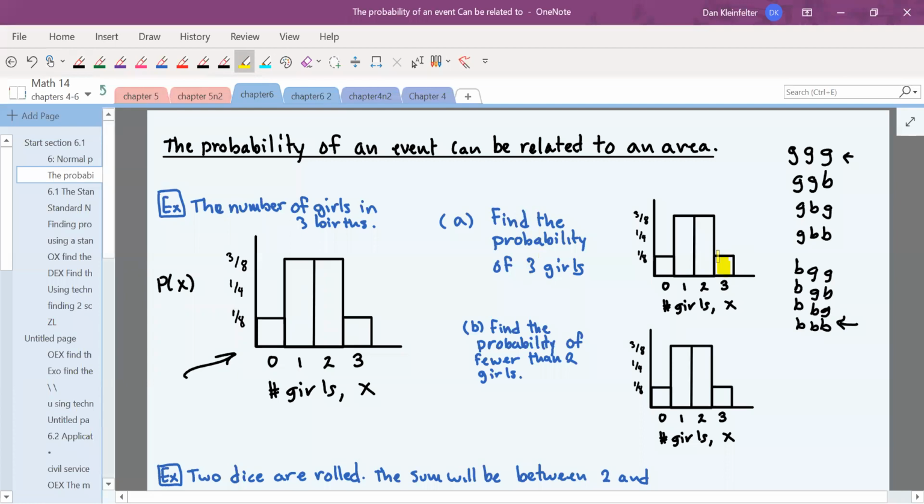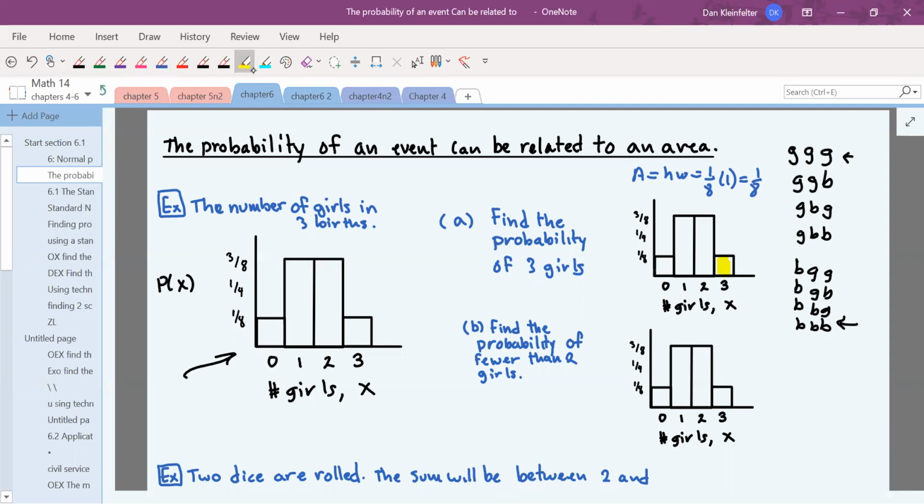And if you think about it, if we draw this histogram, I'm making it so that the bar there has a width of 1, and the height of the bar is 1/8. And as you know, the area of a rectangle is the height times the width. So here it is 1/8 times 1, or 1/8, of course. So that area of that little rectangle can be associated with the corresponding probability.